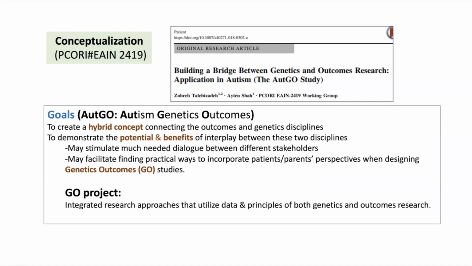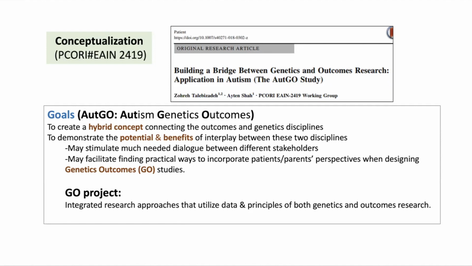We identified that one key barrier is the lack of interaction or communication between researchers from these two disciplines. So first, we focused on so-called conceptualization to create a hybrid concept connecting the outcomes and genetics disciplines, and to demonstrate the potential and benefits of interplay between these two disciplines.